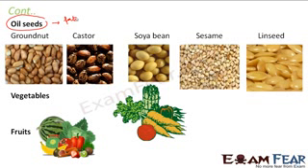Now what we are going to study is how we can improve the yield of these crops, how we can improve the production of these crops. What is the basic concept behind this?